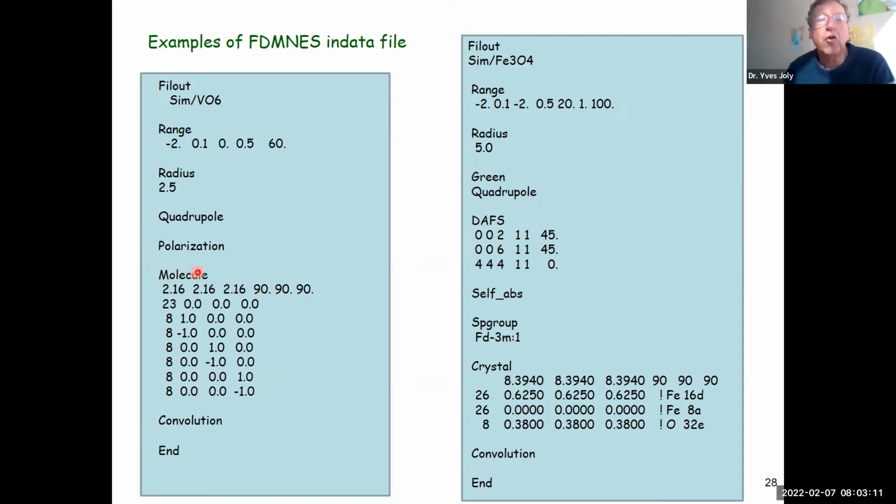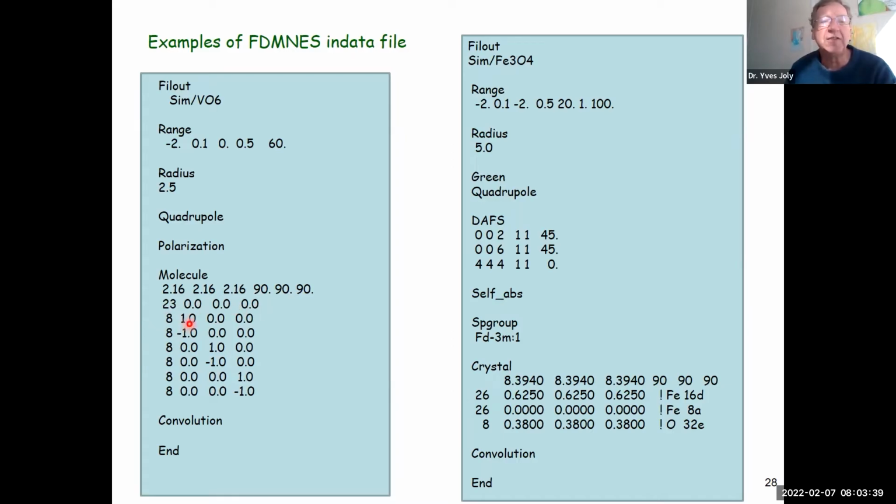Then you have to define your molecule. So three multiplicative numbers along the three directions, like a, b, c if you want, in angstrom, and the angles between the different directions. Here it's orthonormal. And then you put all your atoms. First is the atomic number, so 23 is vanadium, and this one is at the center, 0 0 0.